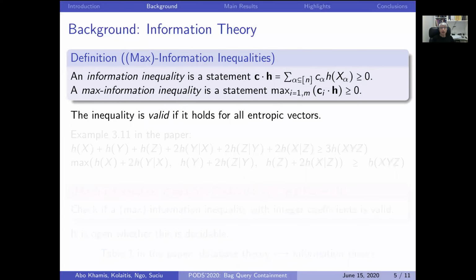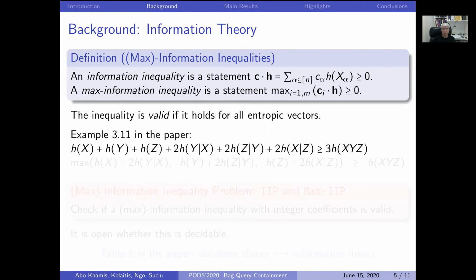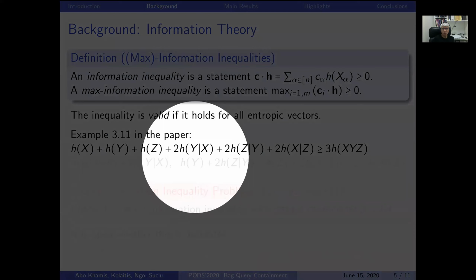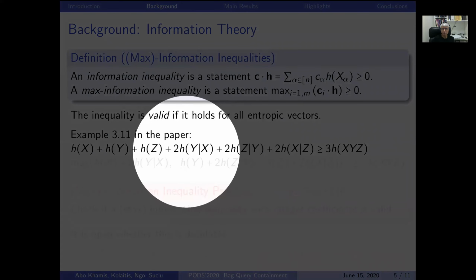So with these notations, I can define the problem in information theory that we're interested in. An information inequality is simply a statement saying that a linear combination of entropic terms is greater than or equal to 0. A max information inequality is simply a statement saying that the maximum of m linear expressions of entropic terms is greater than or equal to 0. And the inequality is said to be valid if and only if it holds for all entropic vectors. For a quick example, this is Example 3.11 in the paper. Here is an inequality that is valid. Notice that we make free use of conditional entropies, which are simply differences of two entropic terms.